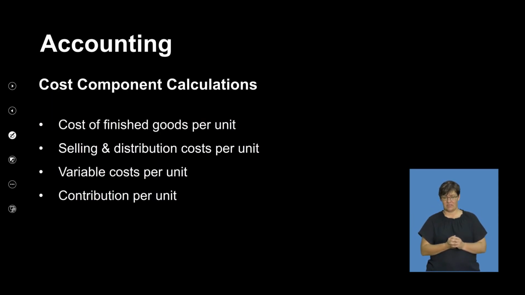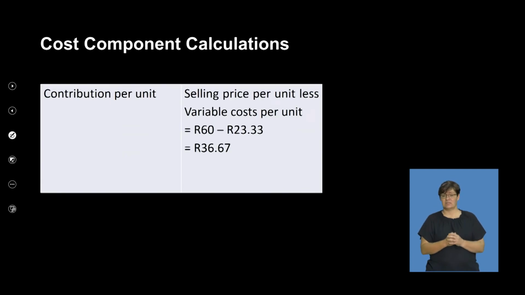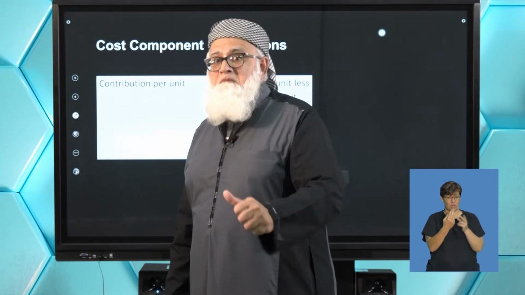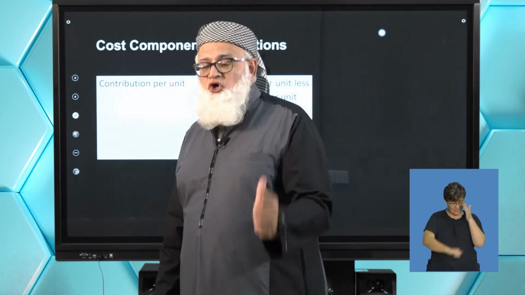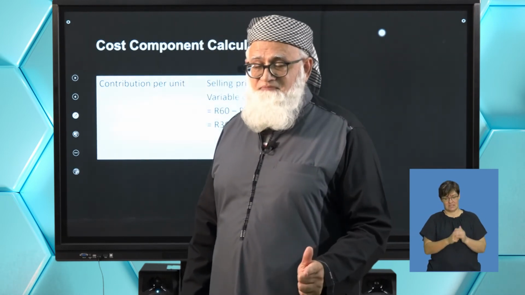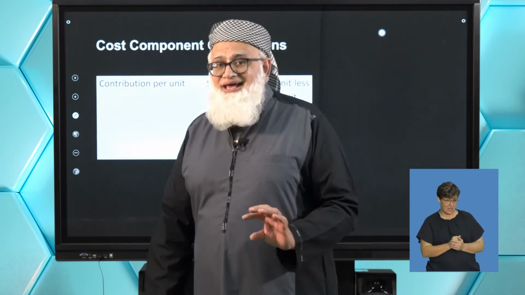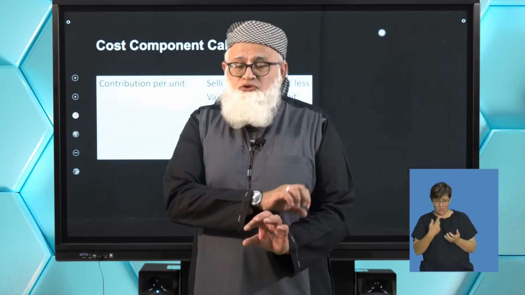If you're looking at your contribution per unit, what do we mean by contribution per unit? This is important, guys. Your contribution per unit is your selling price per unit minus your variable cost per unit. Of extreme importance, you must know this calculation. You're going to see why, it's going to lead into the next calculation.